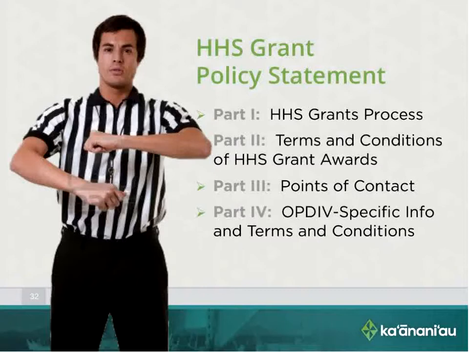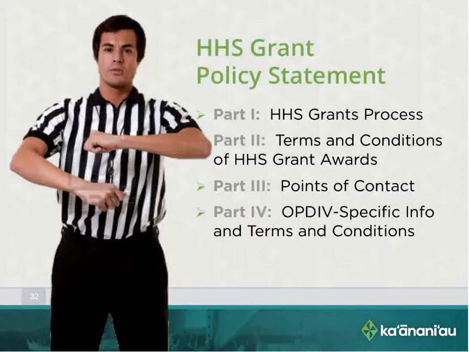Okay, the first one is about the grants process. I found it good reading. I don't know about you guys, but it explains from a federal perspective the whole grants process, all right? Part 2 is what I really like. That's called the terms and conditions of HHS grant awards, and that gives you so much insight into what they're looking for in a modification, how they define terms, and what they're looking for when they're looking at your non-federal share costs and things like that.